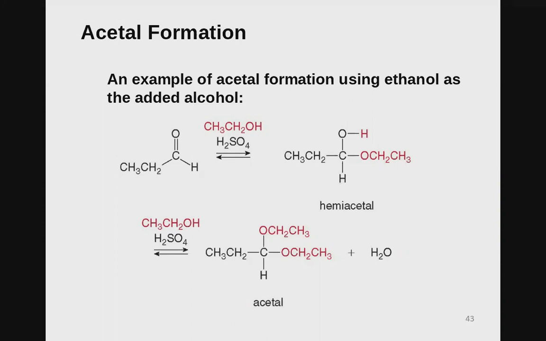That produces our hemiacetal, and that hemiacetal can then react even more with ethanol, with sulfuric acid present, not hydrogen sulfide. Again, producing OCH2CH3, two of the exact same groups coming off that center carbon. So we no longer have an aldehyde at all anymore, right? We're producing these acetals from our starting aldehyde.